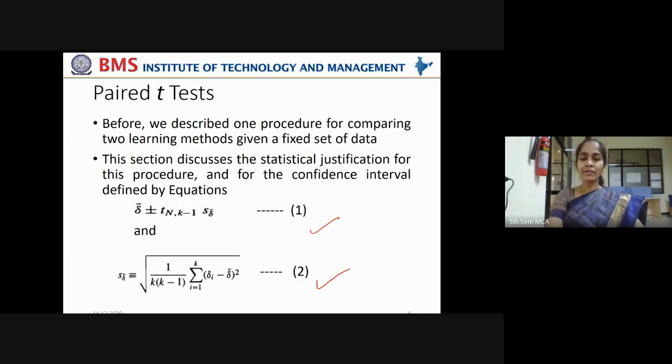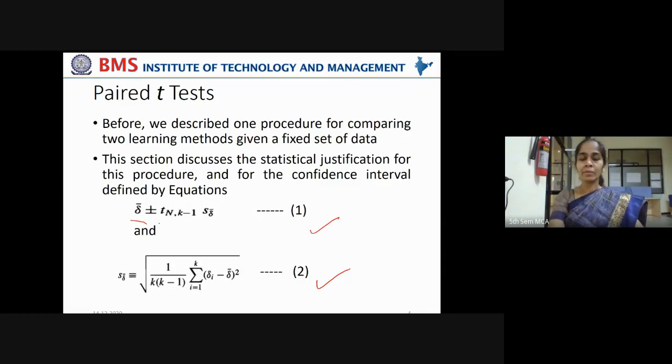Now, what are the two equations for the confidence interval we have considered? The first one is delta bar plus or minus t sub N, k minus 1, times S delta bar. You remember all these terms I have explained in the last video. Delta bar is the mean of all the errors across the k partitions you have done.